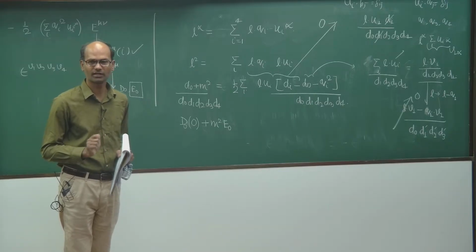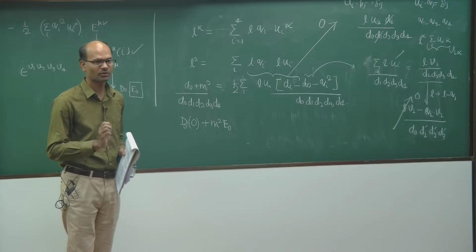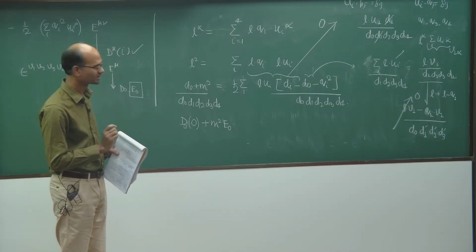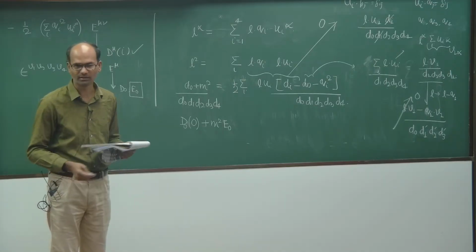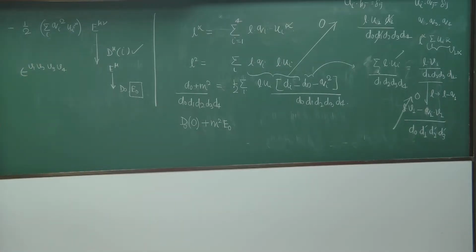Is this okay? So you have to use the property of these objects for simplification. You can do it the brute force way also, but since we have introduced these objects, it's good to utilize these properties.